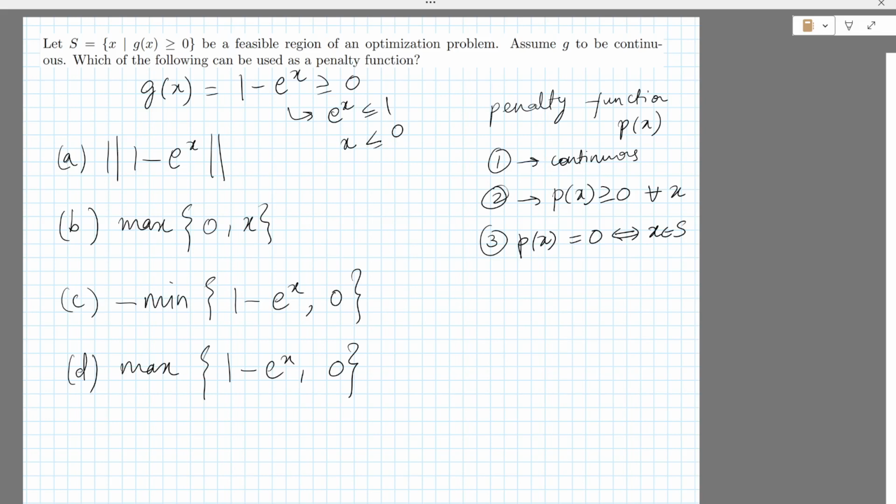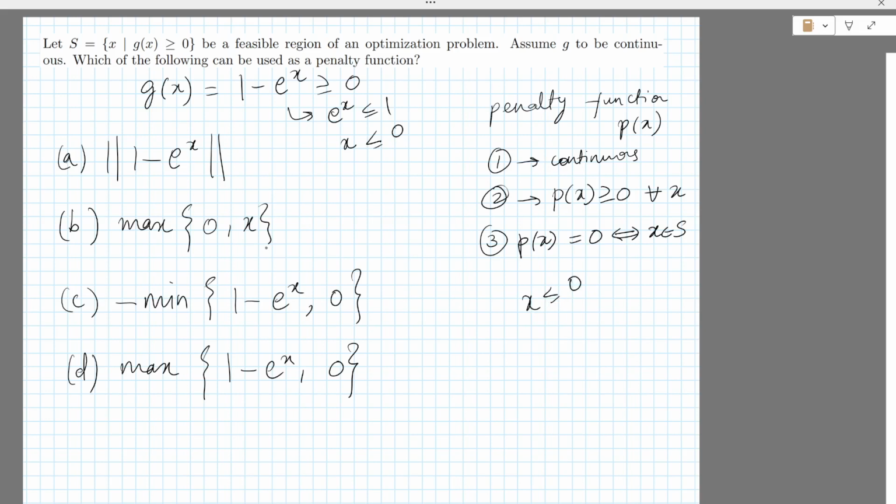So let's assume x is equal to 1 for simplicity. Max of 0, 1 seems to be a good one, a positive number. So B seems to be okay. Whenever x is less than or equal to 0, it is 0, and when x is greater than 1, it is a positive number, which is good.